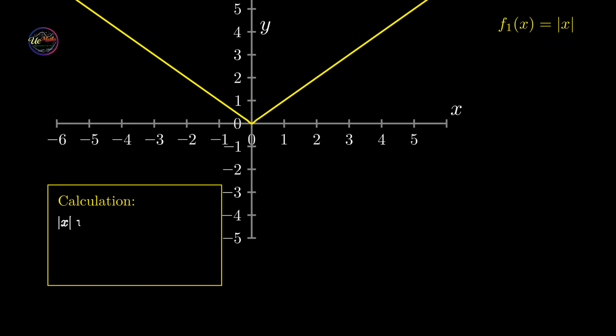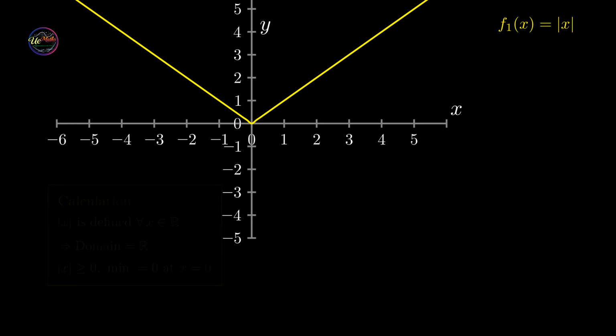The yellow curve shows f of x equals the absolute value of x. Let's calculate. Absolute value of x is defined for every real number x. Since absolute value of x is always greater than or equal to 0, and equals 0 exactly when x equals 0, the smallest output is 0, with no upper limit.